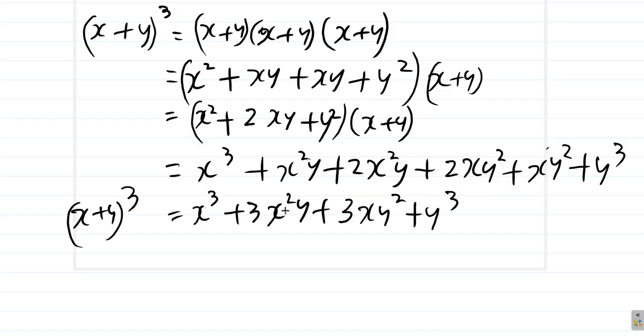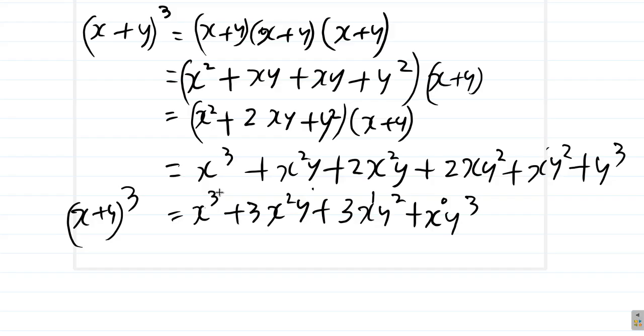Now notice, if you put in all the powers, this is x to the 3, then x to the 2, then x to the 1, and then here, let's give it a little space, what you would have is x to the 0 y cubed.